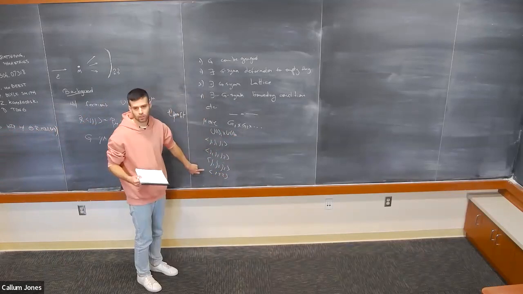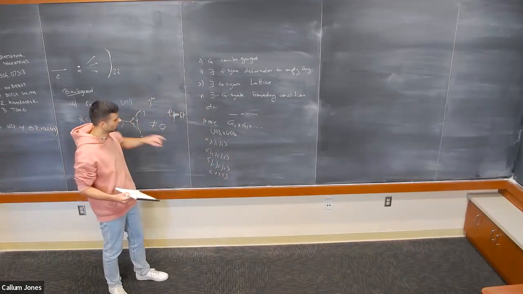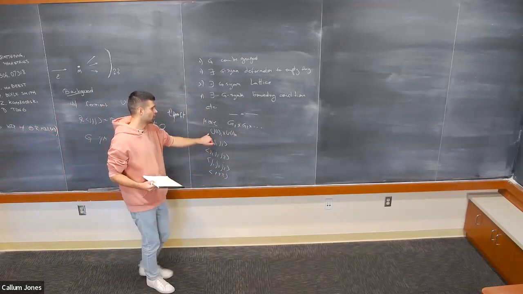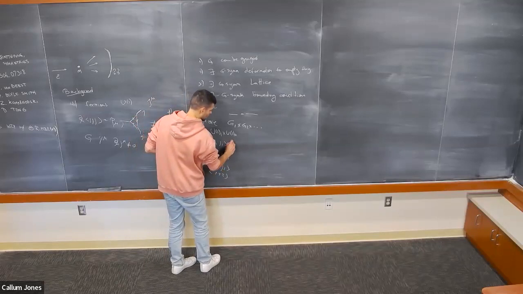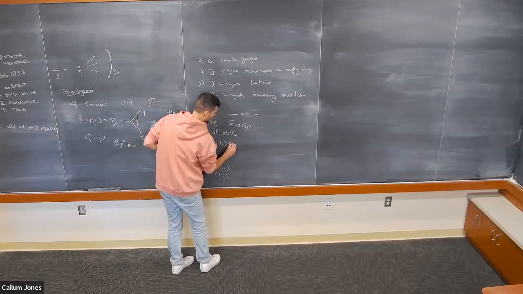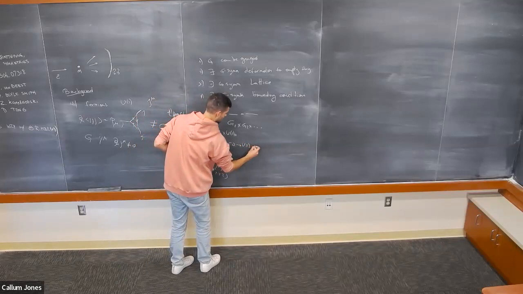So the first and the last are the same anomalies as before. These tell you whether U(1)_1 and U(1)_2 can be gauged separately or not. But let's assume that this is 0, so that means that U(1)_1 can be gauged.